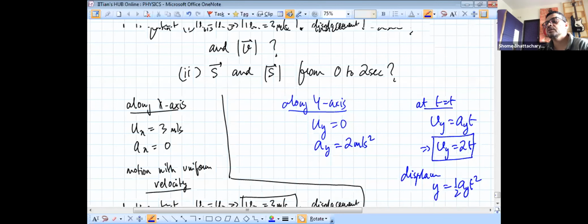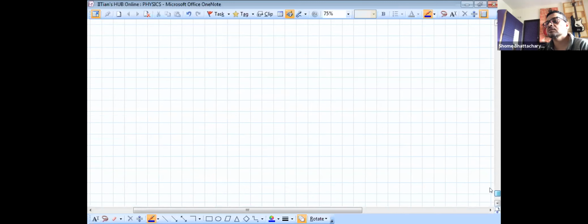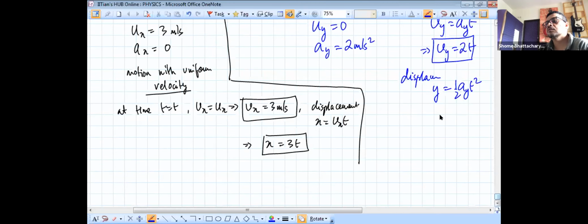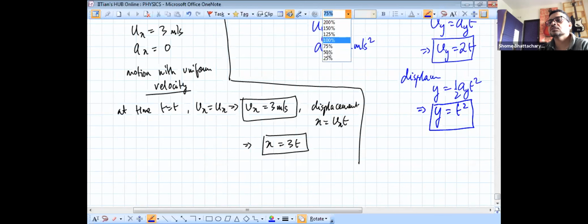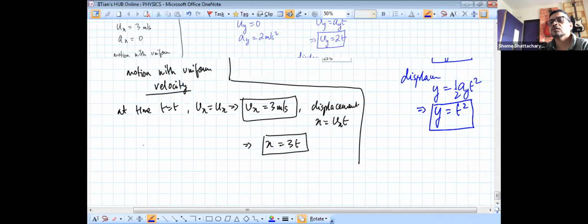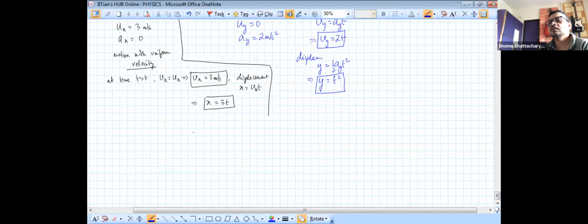So the y component of displacement, what will its formula be? t square. So now you put together these two things. Okay. So at t equal to 2 seconds, the velocity's y component is 2 into 2, 4 meters per second.